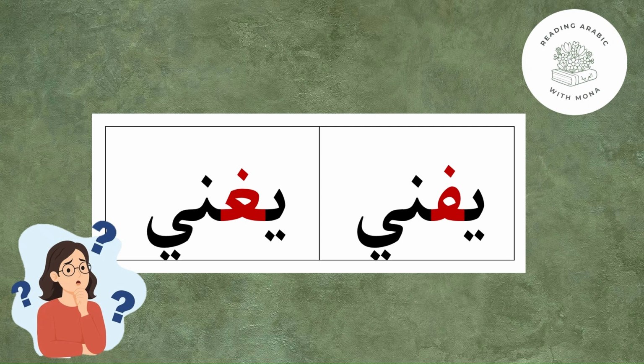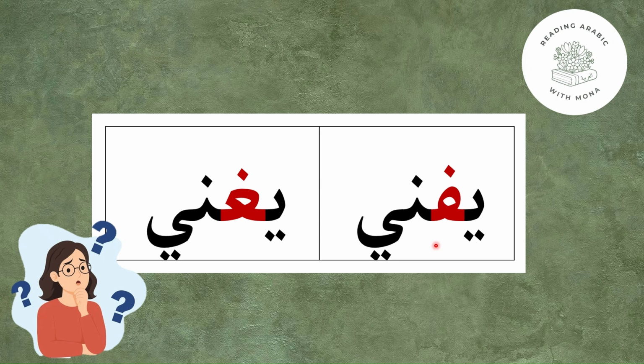Let's look at an example of a letter that may be confused with the Ghain because it looks a lot like the Ghain, and this could be confusing for a beginner. Here we have this hollow shape of Ghain, and here we have the letter that we may confuse it with. Can you guess the letter? Yes, correct.